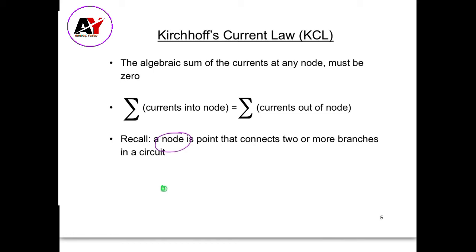So let's say we have a random node with a number of branches connected to it, and we've got I1 flowing into the node, I2 flowing out of the node, I3 flowing out of the node, and I4 flowing into the node.